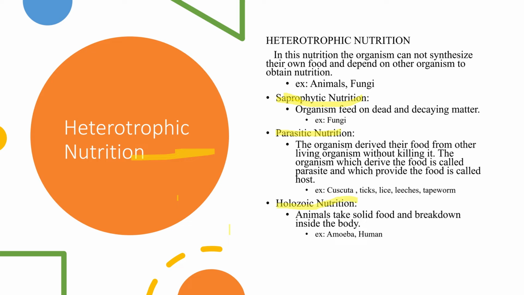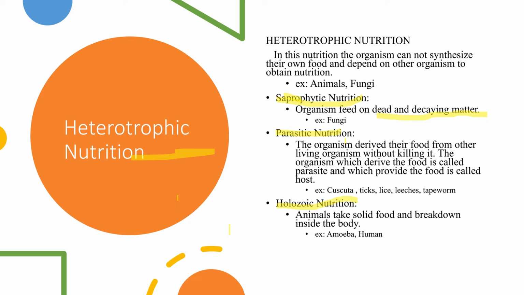In saprophytic nutrition, the organism feeds on dead and decaying matter. For example, fungi. And in parasitic nutrition, the organism derives its food from another living organism without killing it. The organism which derives the food is called parasite and the one which provides the food is called host.